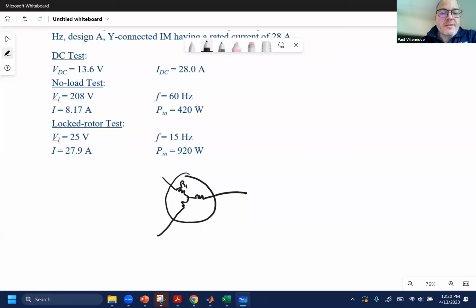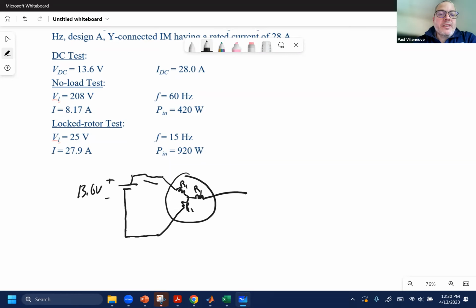This is R1. It's a three-phase machine, so we have three windings, which means we have three R1 resistors. Our DC is applied across this terminal, right? And if you look at the DC test, we have 13.6 volts. It doesn't really matter plus to minus with DC, but we'll just include it.